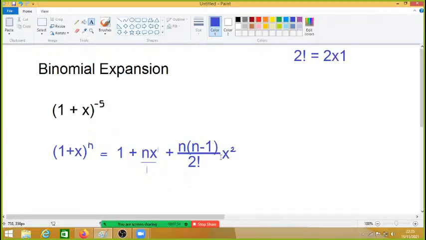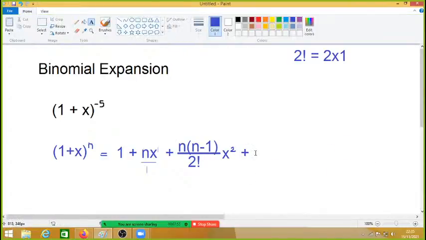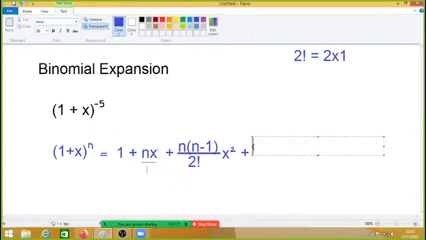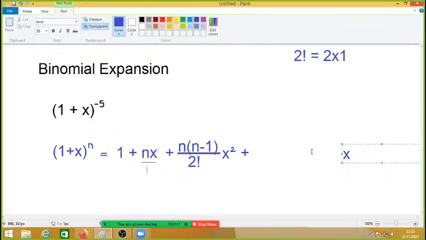We've got two numbers being multiplied by each other, starting with n, then times by n minus 1, 1 less than n. So they're the kind of patterns, if you can try to get those spotted in your brain, then you'll be able to see how this formula develops quite easily. Okay, the next one is going to be, we've got x to the power 1, x to the power 2, so it's going to be x to the power 3.